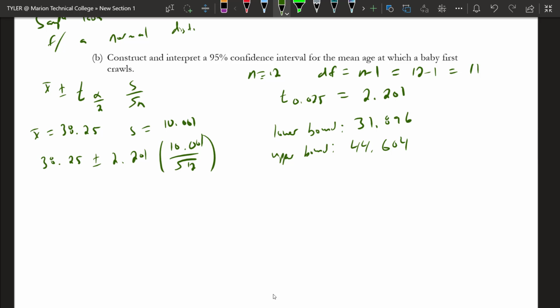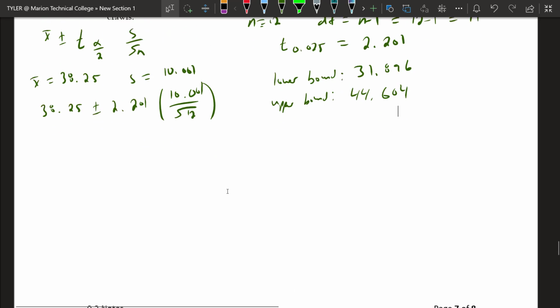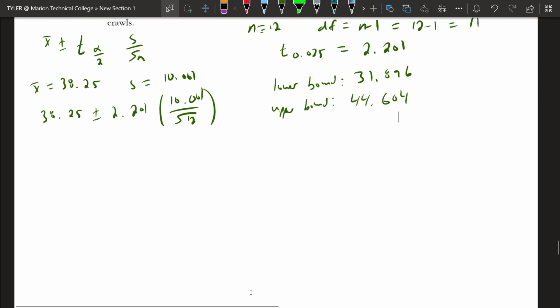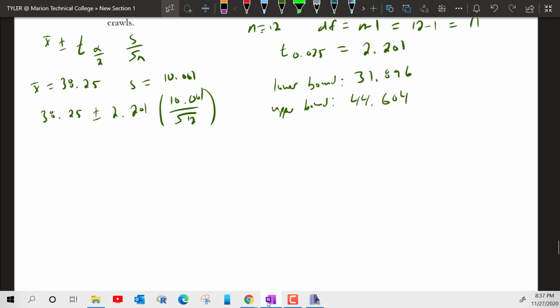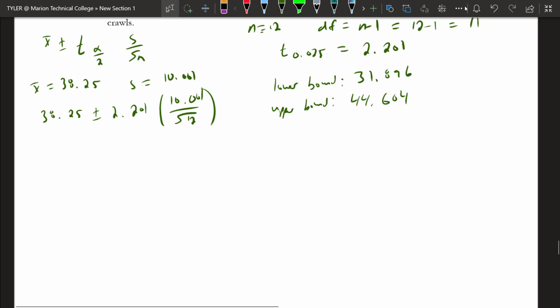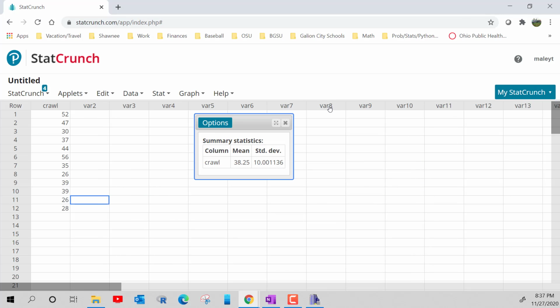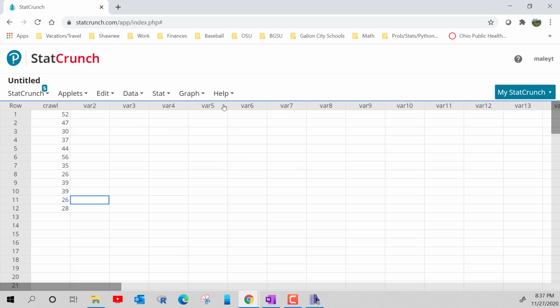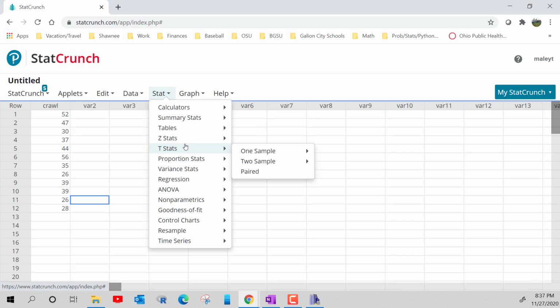All right, so now let me show you how to get the confidence interval just using StatCrunch only, because it is a little different since we have the data instead of the summary of the data, right? So you're going to go to stat, t stat still, and you're going to go to one sample, and then you're going to go with data, right?